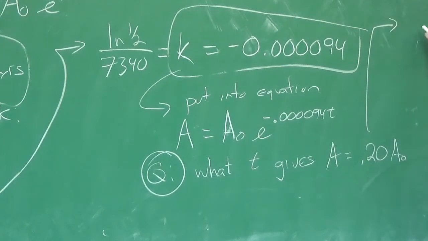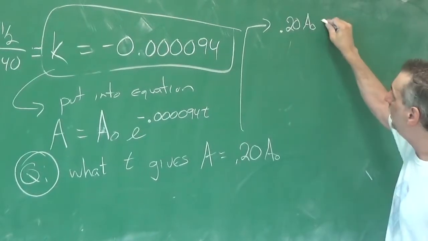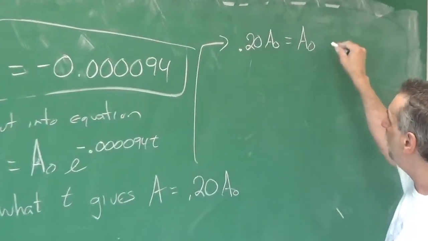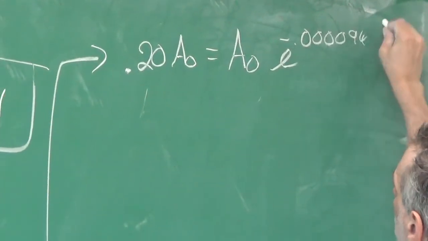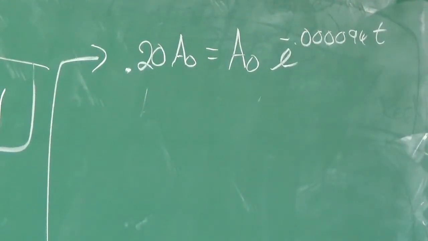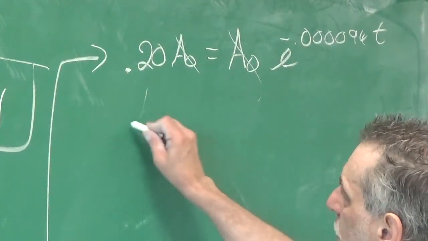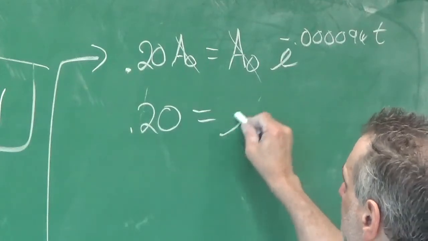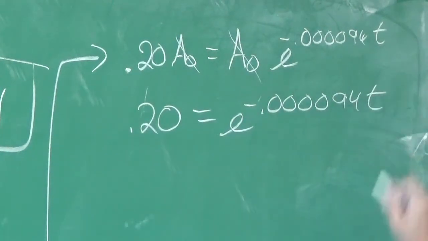So we form that equation. 20% of the original amount is left when we start with the original amount. We know what the rate is, and we're solving for t. So again, we're just back to a pretty easy exponential equation. We don't care what the original amount is, we're just concerned with the percentage. We take natural logs of both sides.